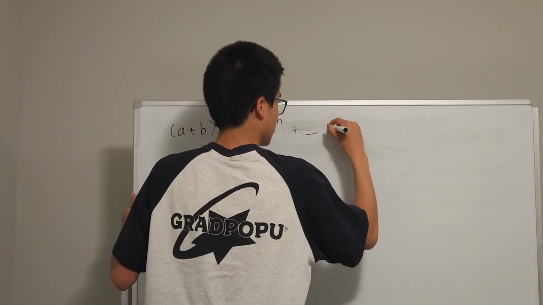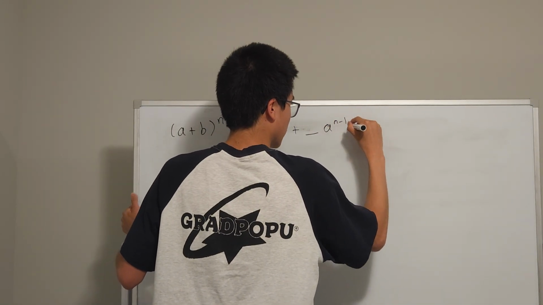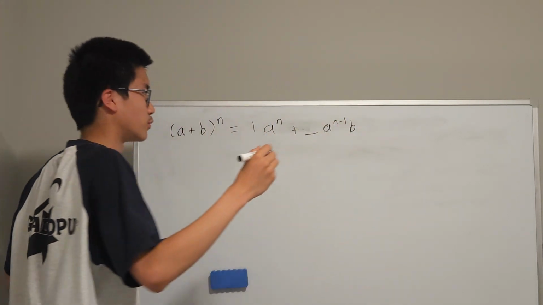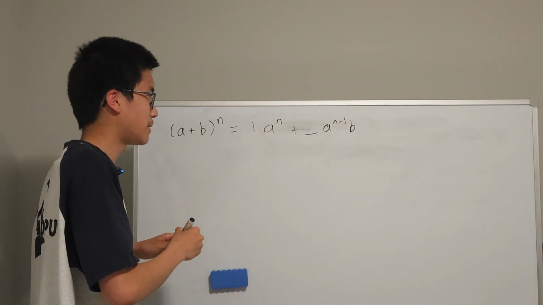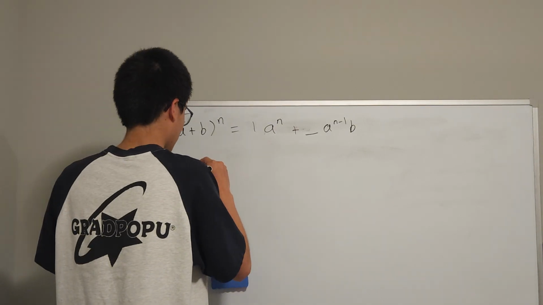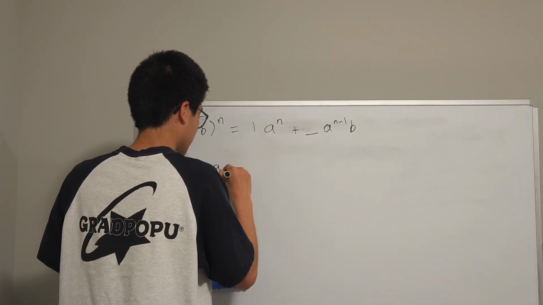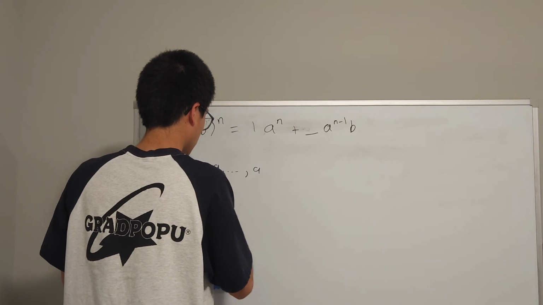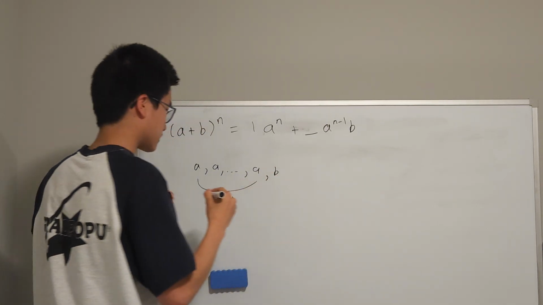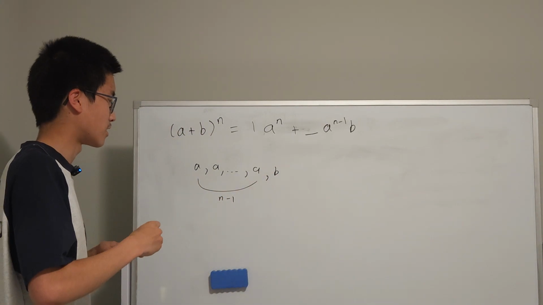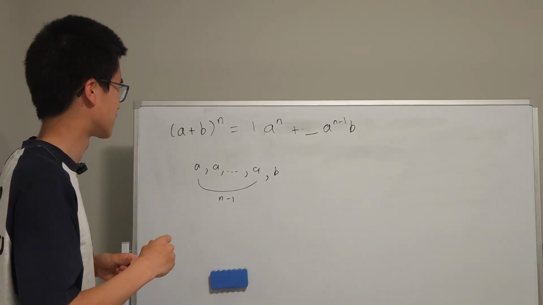Now, I want to find the coefficient of a to the power n minus 1 times b. So what does this mean? I have n minus 1 a's, so there are n minus 1 of these, right? And then a b. So how many ways are there to rearrange this?